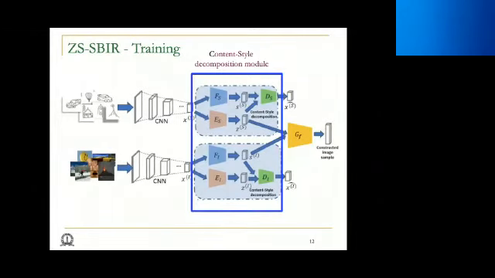Content is that part of the representation which gives the class information. From the sketch also, we can derive that it's a car. From the image also, we can understand that it's a car. But there are several other things in the input which are not required to say that it's a car.